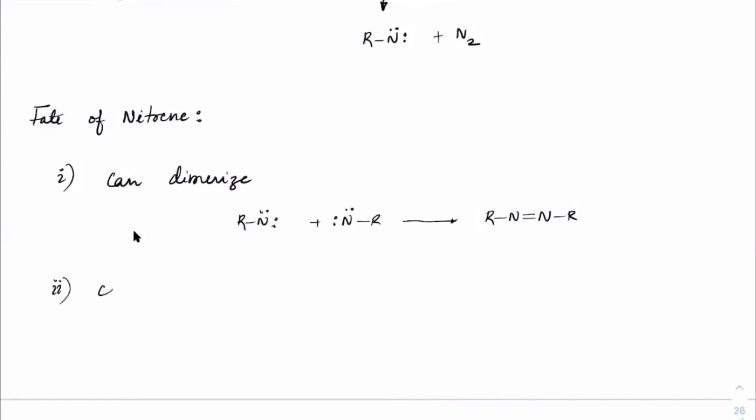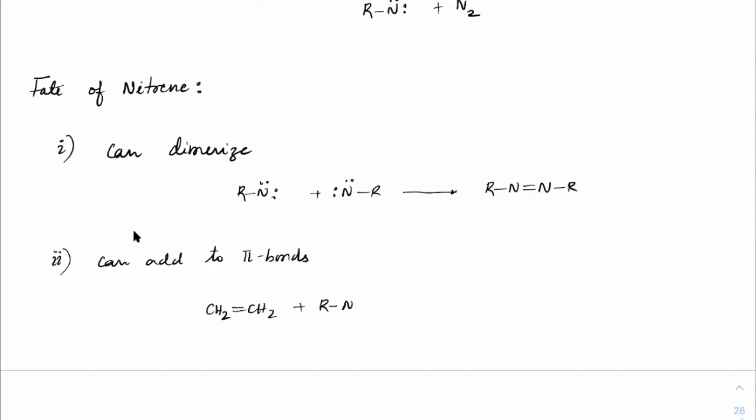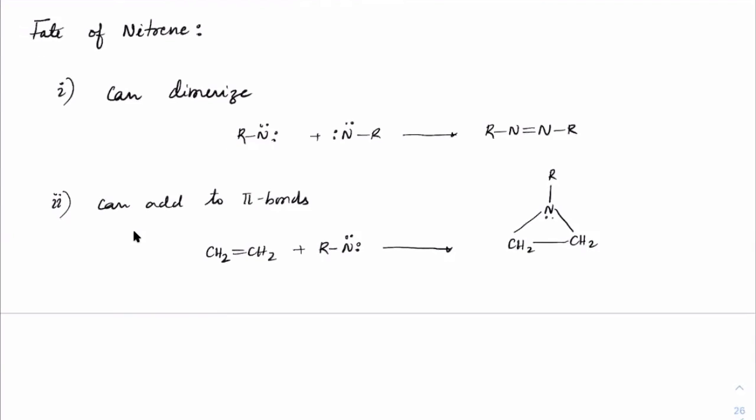It can also add to pi bonds, just like carbene. So in case we have CH2 double bond CH2 plus RN, it will get added to this and becomes a hetero ring like this with a lone pair on it. So this is the fate of nitrene.